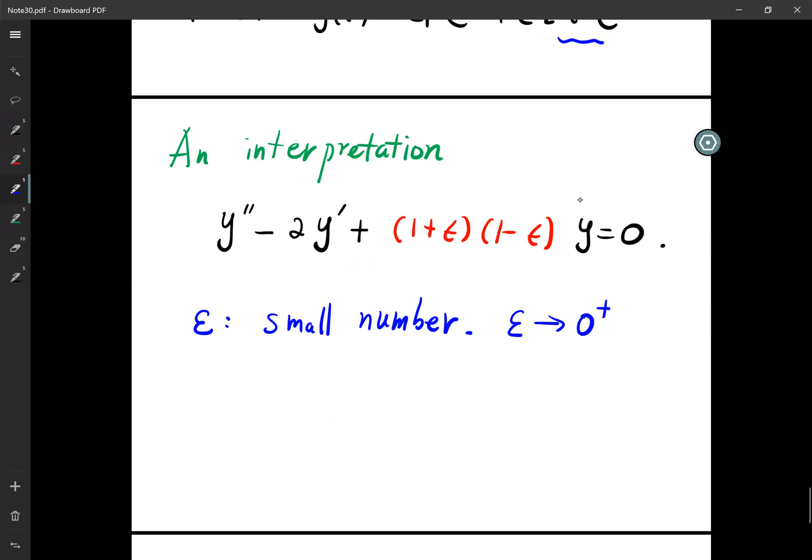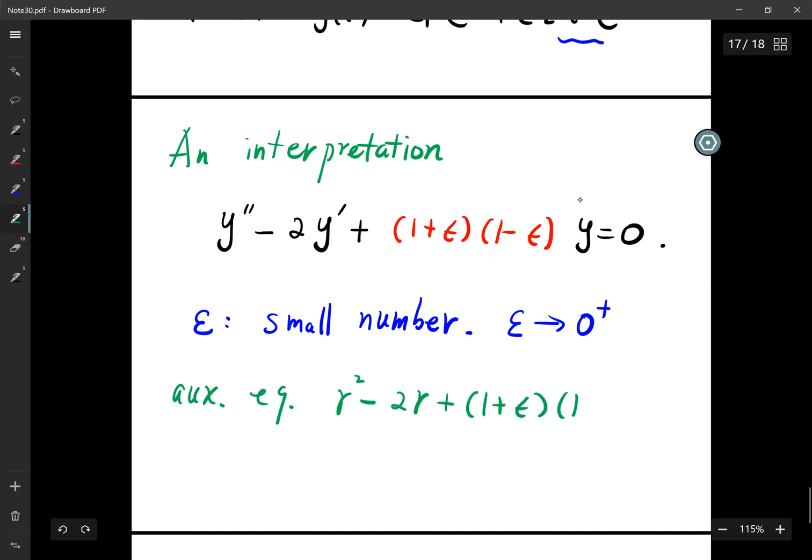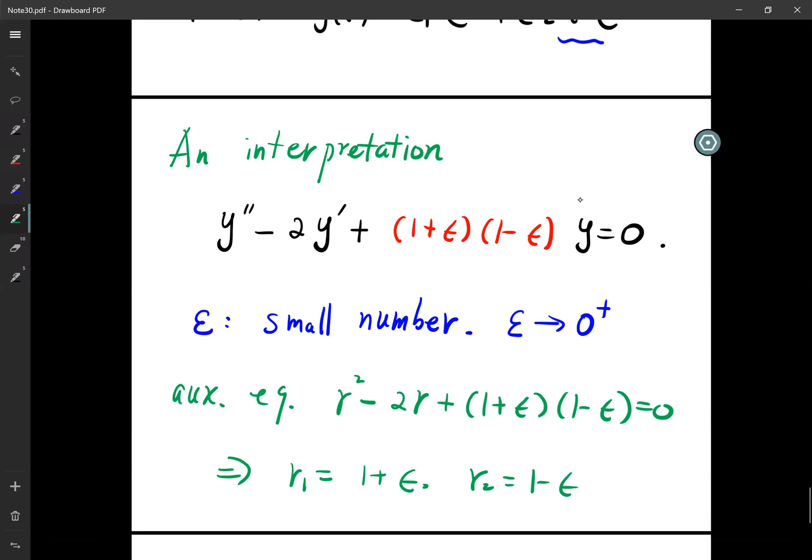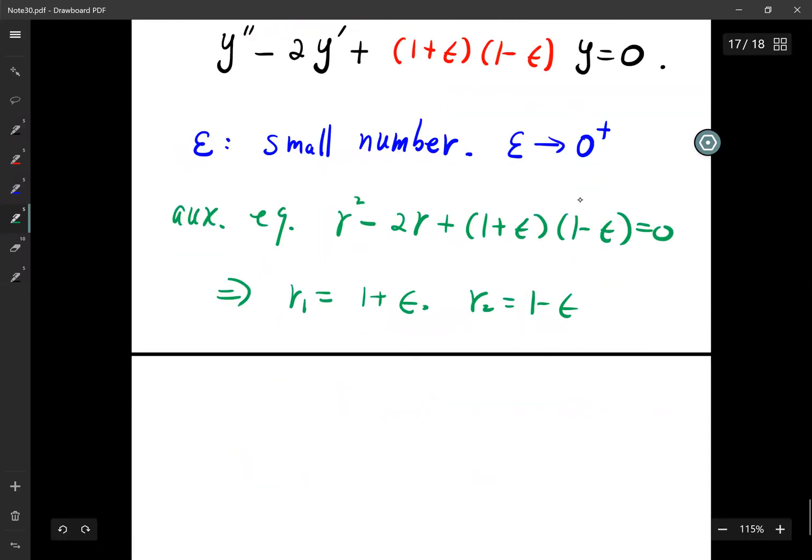Why do I want to consider this case with this small number epsilon? Because we consider the auxiliary problem: r squared minus 2r plus (1 plus epsilon)(1 minus epsilon) equals 0. You find that it has two roots, so the previous argument would apply.